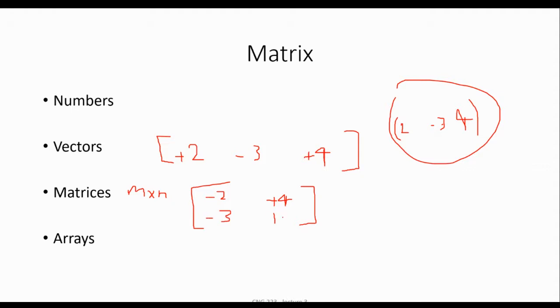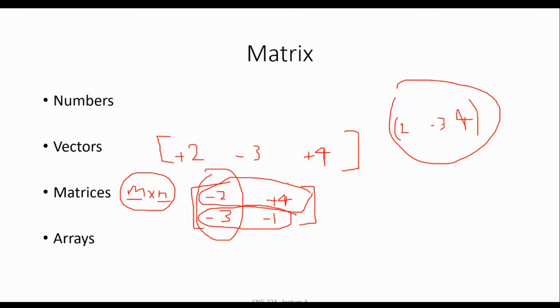I can also put negative values for these. So as you can see, matrices can contain more than one vector. Each one of the rows, we can consider as a vector, right? So for matrices, I can define a size based on the number of rows and number of columns. As you can see here, we have 2 rows and 2 columns.